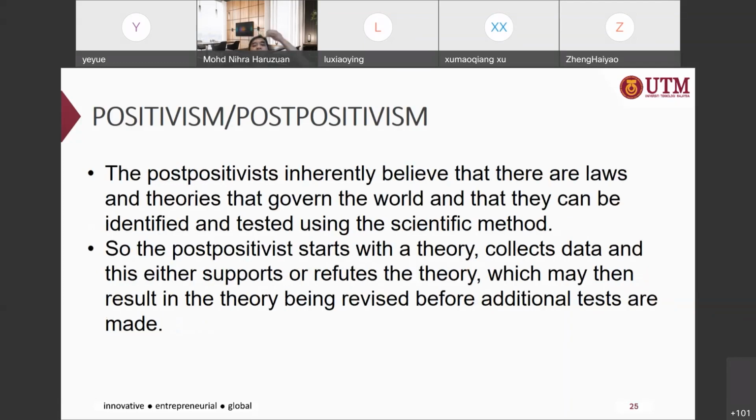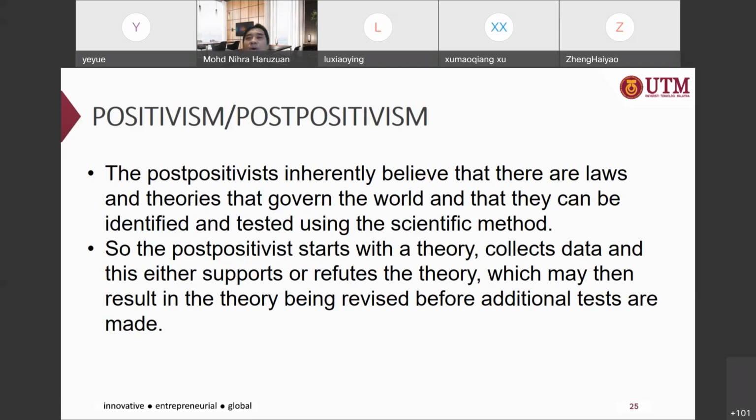The post-positivists inherently believe that there are laws or theories that govern the world, and they can be identified and tested using the scientific method. So the post-positivists start with a theory, and then they collect data, and this will support or refute the theory, which may then result in the theory being revised before additional tests are made.